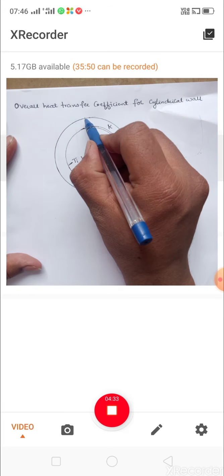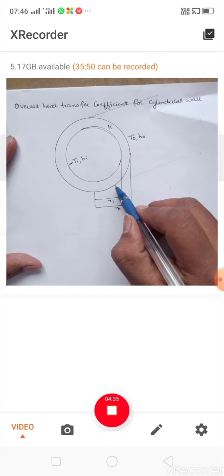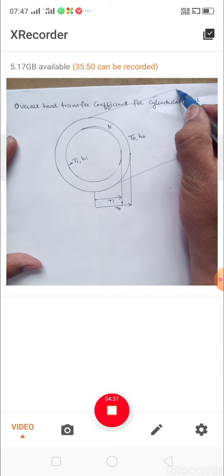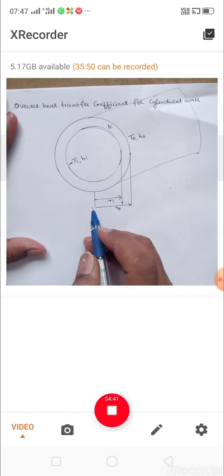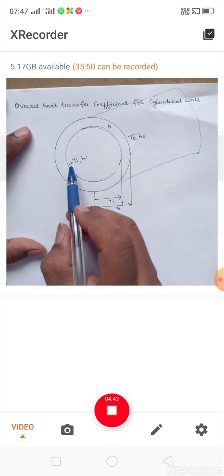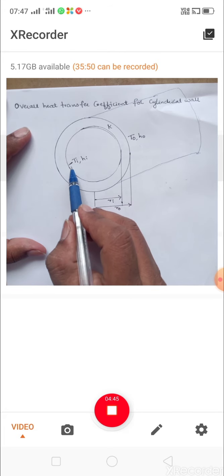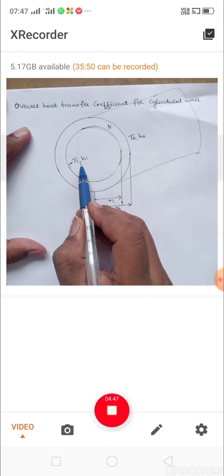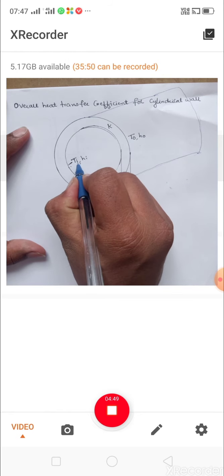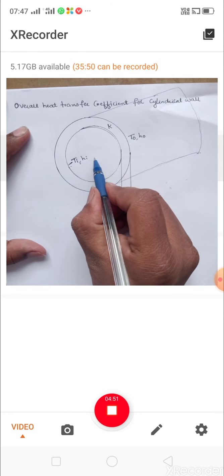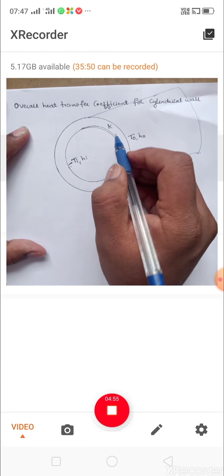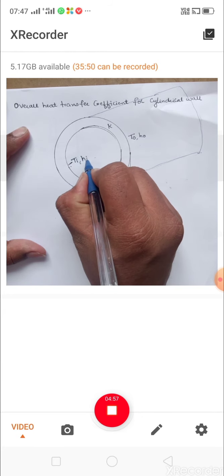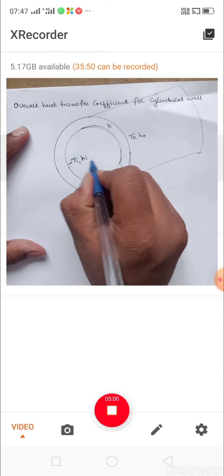So let me draw a simple, this is the cylinder. Here the heat transfer occurs from the hot fluid, which is maintained at temperature Ti, to the inner surface of the cylinder by convection with convective heat transfer coefficient Hi.